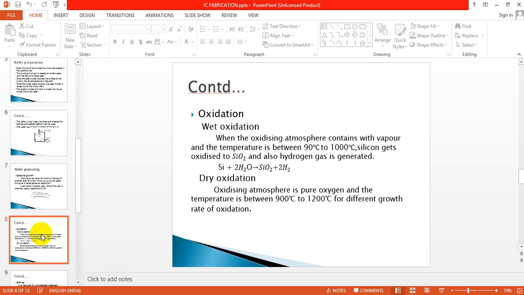However, the quality of the oxide grown is comparatively low. Now, dry oxidation. The oxidizing atmosphere is pure oxygen and the temperature is between 900 degrees Celsius to 1200 degrees Celsius for different growth rates of oxidation. This process is slow, but the quality of oxide growth is superior.